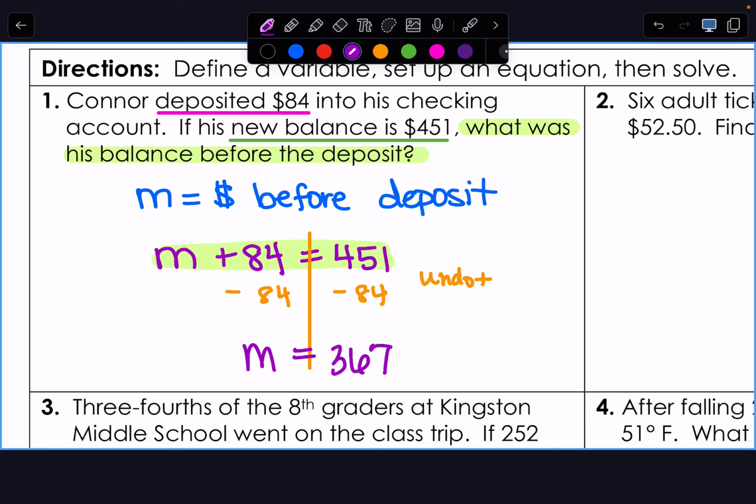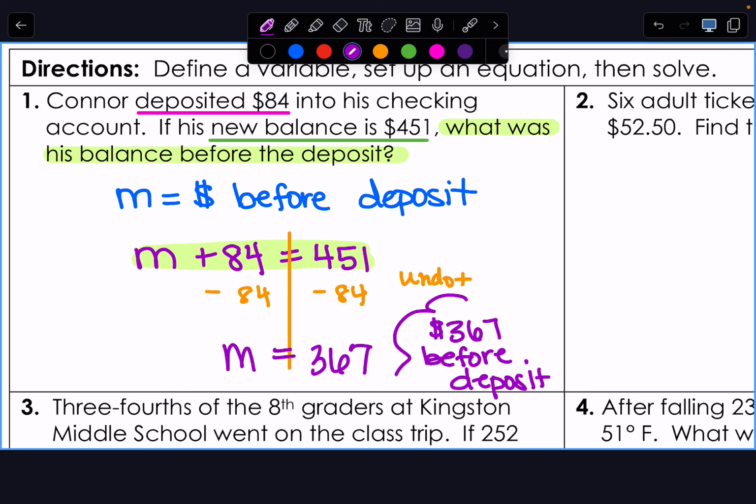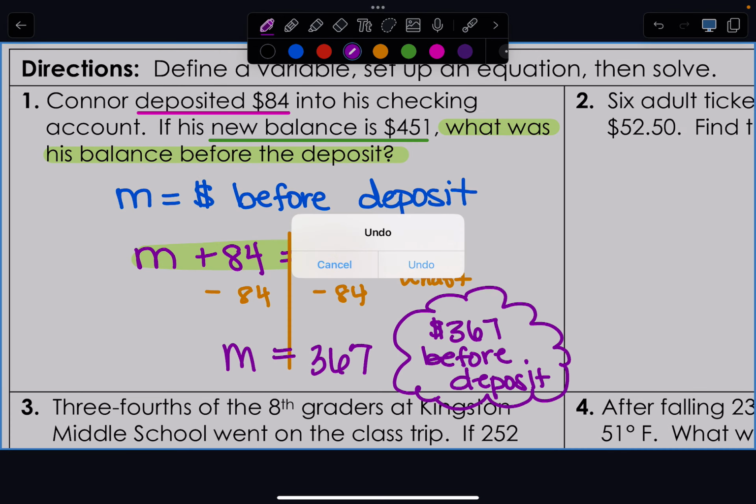So let's talk about what that means. We have $367 before our deposit. That is the answer to the question they asked.